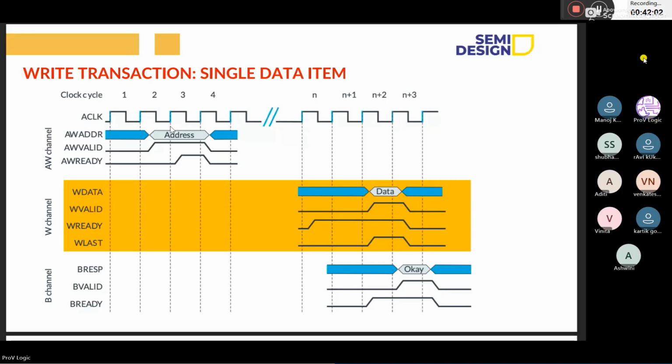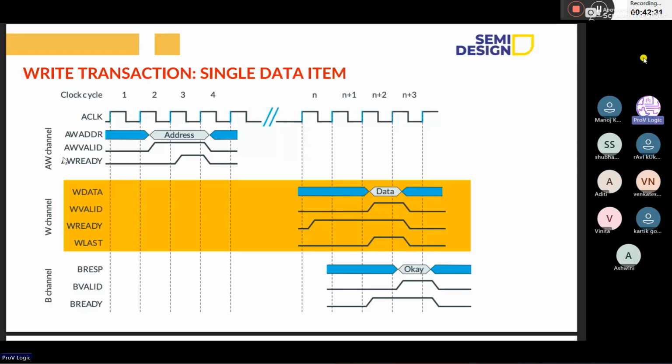But in AXI, we have channels. See here, the first one is the AW channel, the write address channel, for passing the address. Whenever AW valid is high and AW ready is high, only then can we initiate the transfer.